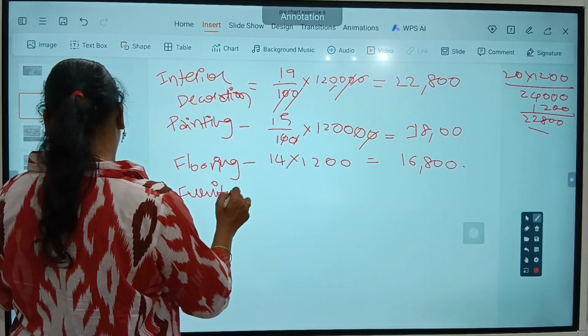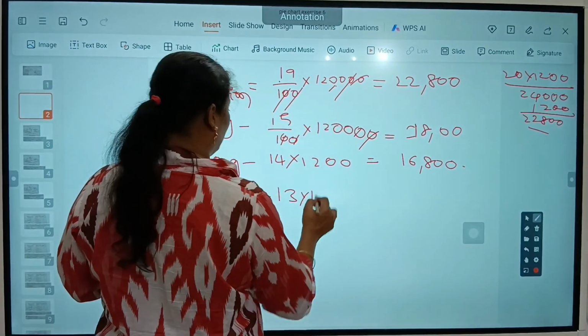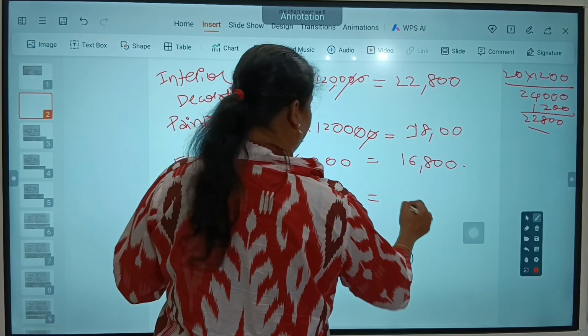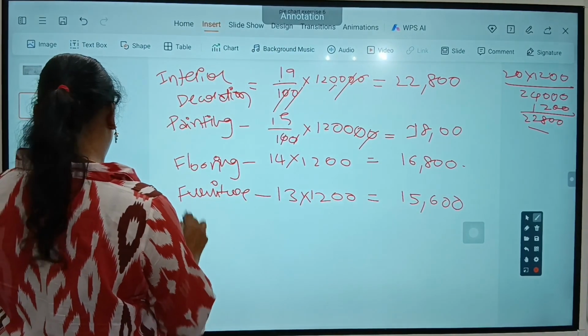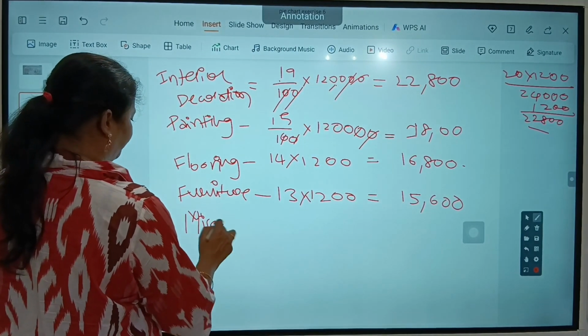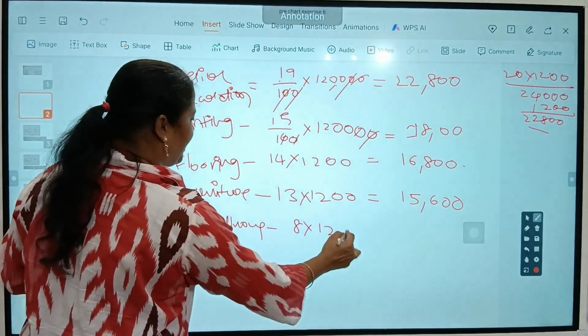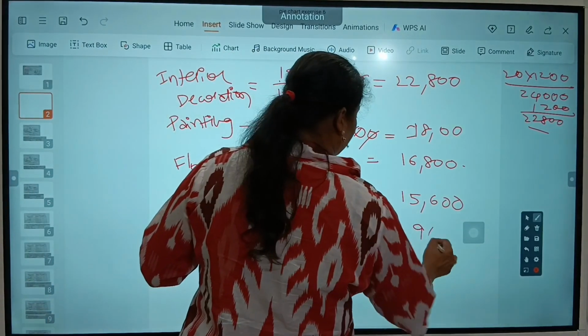Furniture, 13 into 1,200. It will be 15,600. Miscellaneous, 8 into 1,200. It will be 9,600.